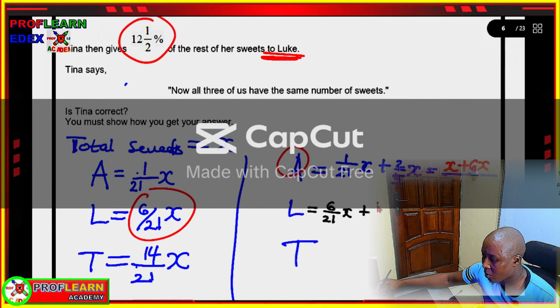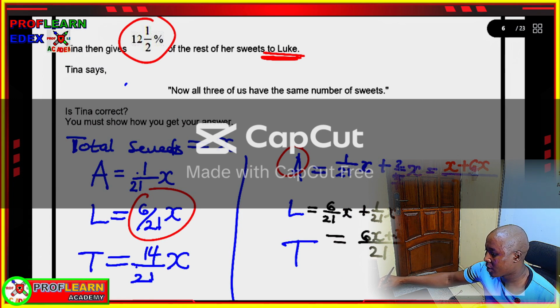The LCM here is 21, and this is going to be 6x plus x, that's 7 over 21 x. If you cancel out, you are going to have 1 over 3 x.